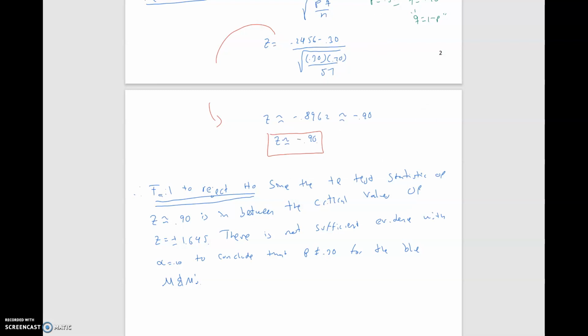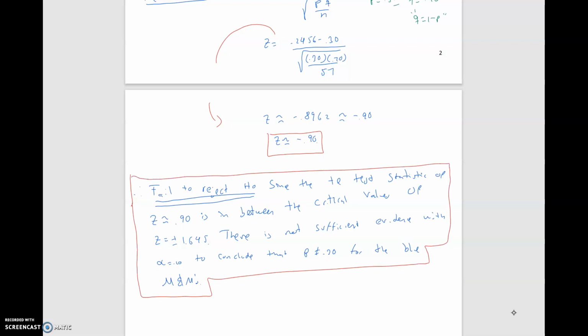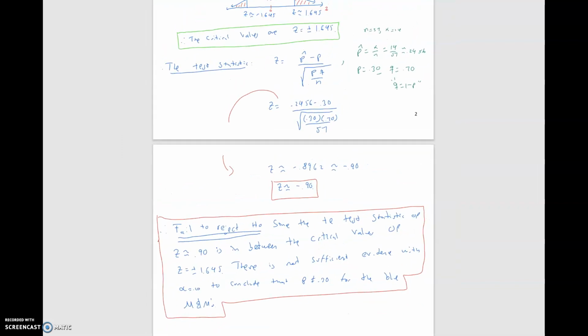And for most of the problems, it's going to be sufficient just to say fail to reject H0, since your test statistic is not outside, in the red region.